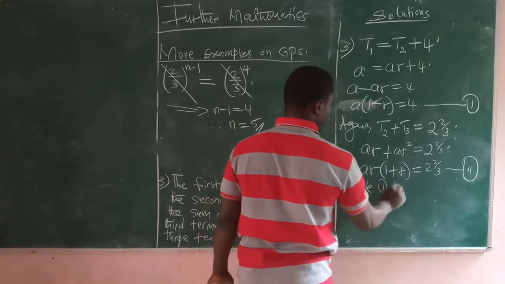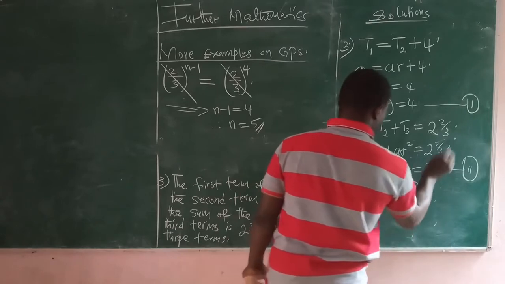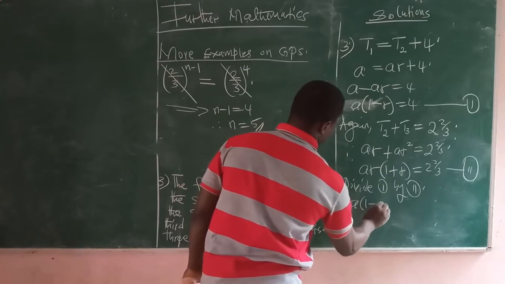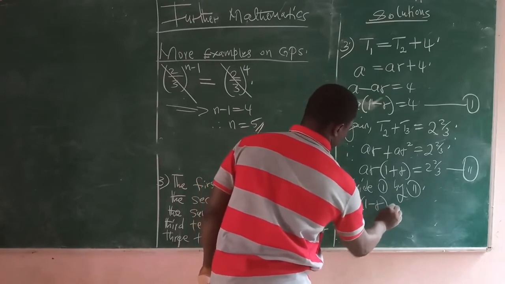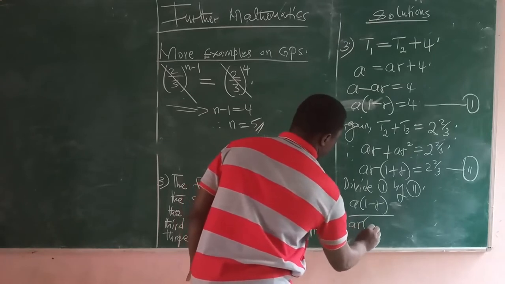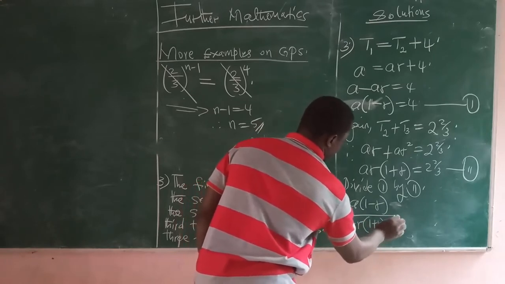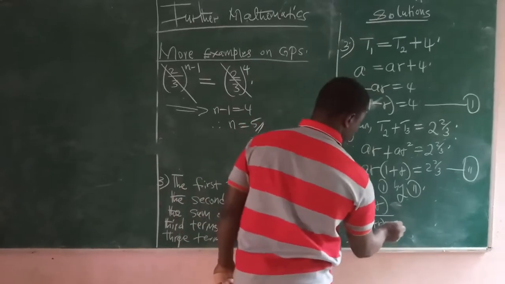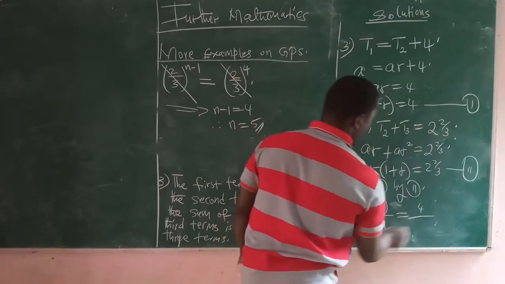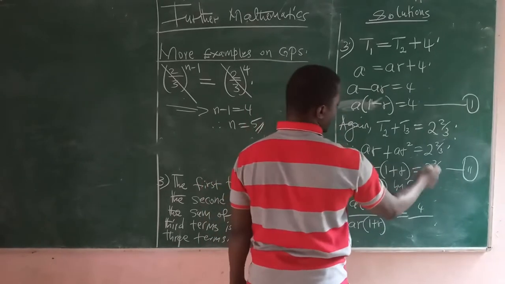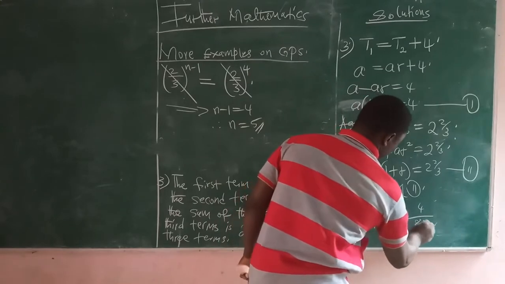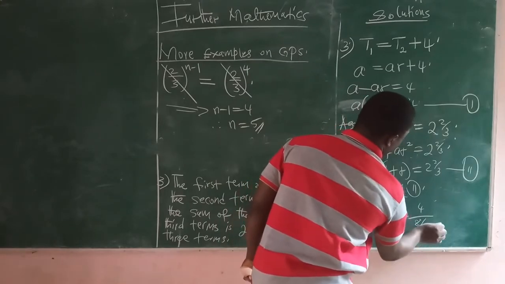If you divide 1 by 2, you're going to have A bracket 1 minus R over AR bracket 1 plus R, like this, is equal to 4 over 8 over 3.